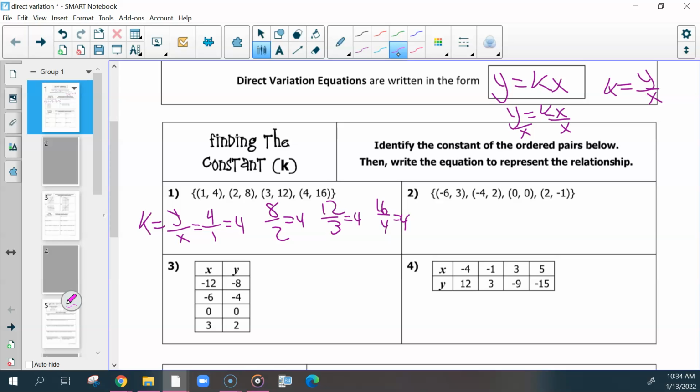Once you know that your k is the same for all of your points, then you can write this using your direct variation equation. Your y equals kx, so that will be y equals 4x. Before we move on to another one, does anyone have any questions on how we found k or the equation?